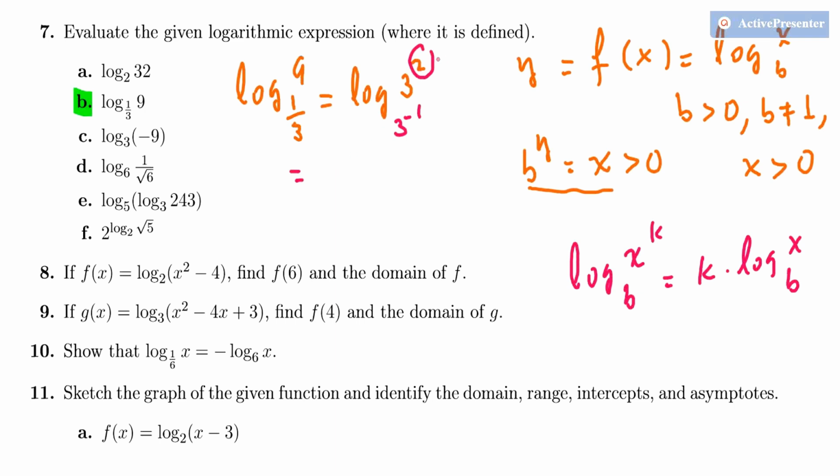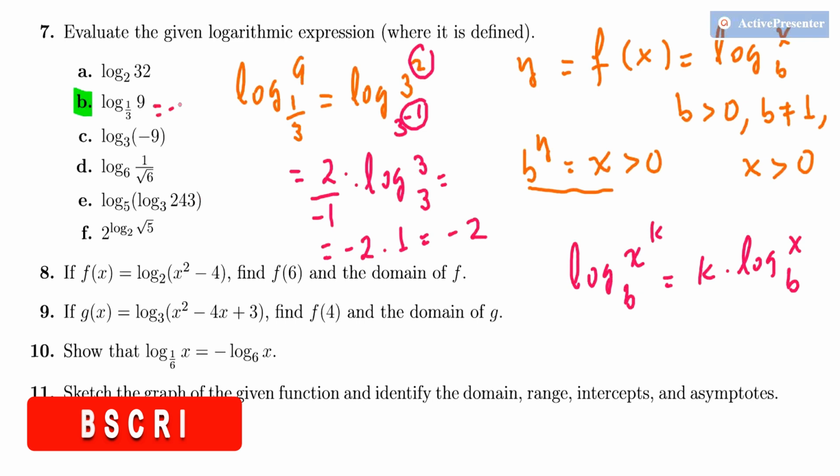Using this rule, the exponent of 3 will be taken to the front directly, but the exponent minus 1 will be taken as a reciprocal. So times logarithm of 3 to the base 3. So this will be 2 over minus 1, which is minus 2, times logarithm of 3 to the base 3, which is 1. So we get the result minus 2.